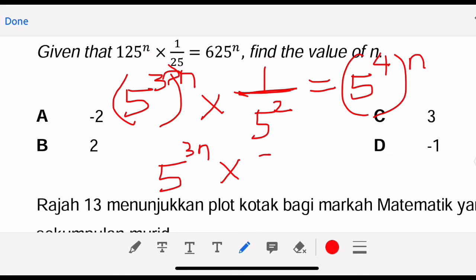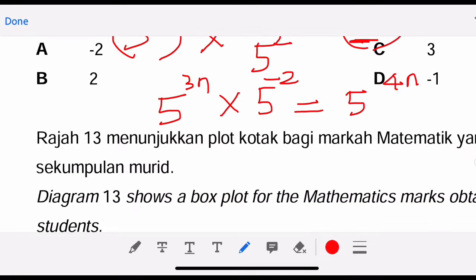And then this is actually being divided, you know. You can write 5 negative 2. This one multiply, not plus, when you have the base the same. Now you only have one base, so you have to multiply 4n. Now since all the bases are the same, for these two that multiply, we can add the powers, and a negative will be minus, right? Plus negative 2.